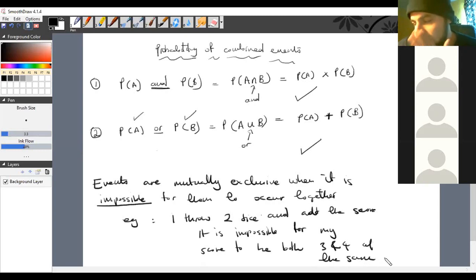If I throw a dice and I land two values, maybe one's the number 1, the other one's the number 2, I'll get 3. I can't have 4 at the same time. I can only have one value. So it's impossible for me to have these two things going on at the same time. Just not the way nature works. So when two events are mutually exclusive, it's impossible to have them happening at the same time. That's what the word mutually exclusive means. So we'll come back to that.